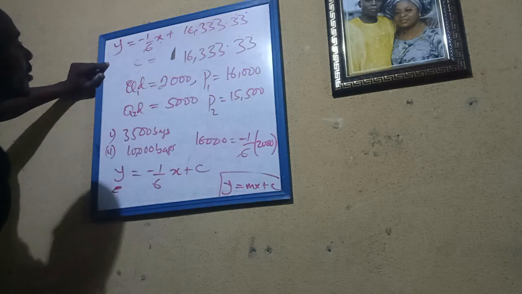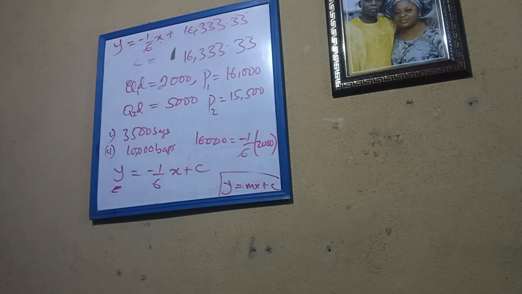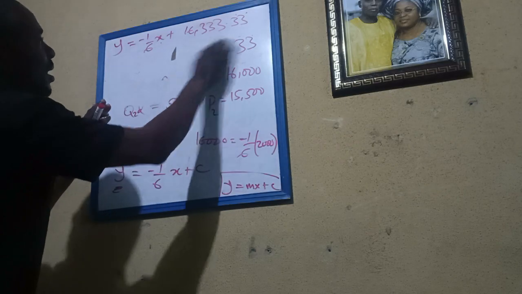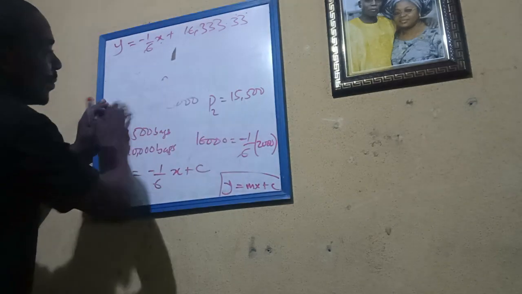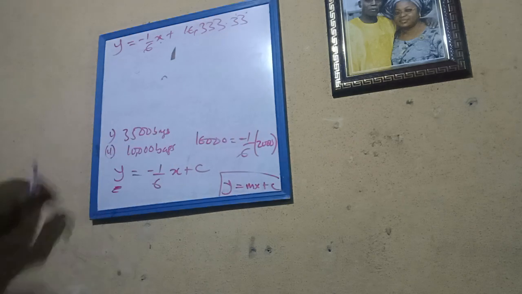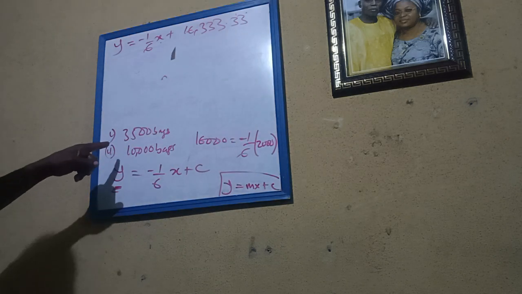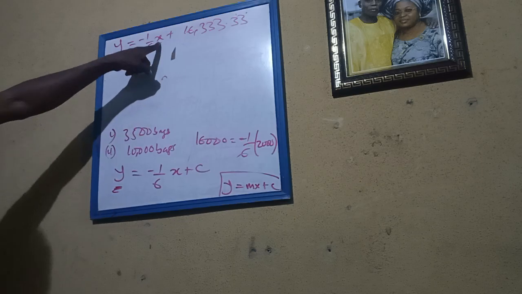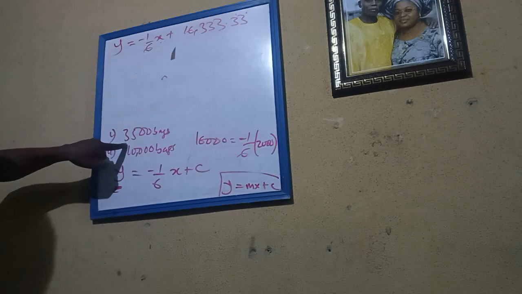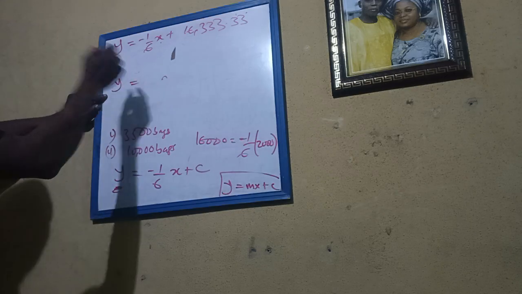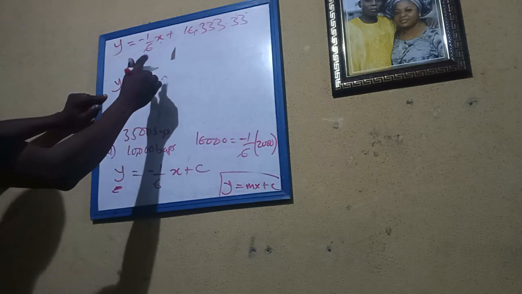So now let me follow suit of what I've been asked to do. What I'm asked to do is, what will happen if a bag of rice, which has been denoted to be x, is 3,005. Then I will have my y, which is my price, equal to minus 1 over 6.